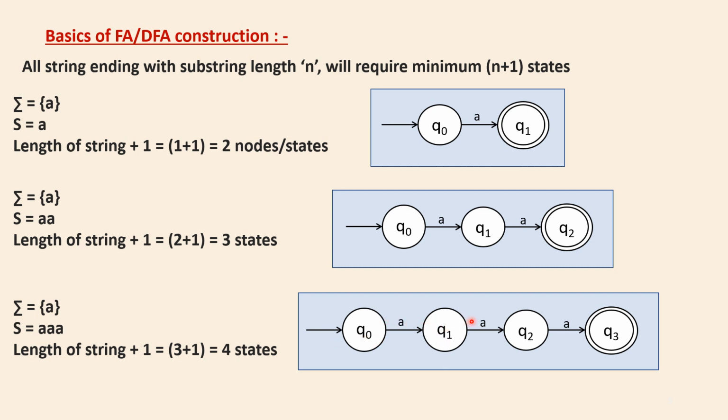Q1 on the second input symbol A goes to Q2 and Q2 on the third input symbol A goes to Q3, which is the final state. Therefore, the string AAA is being accepted, which means for any substring or string ending with a substring of length n, we will require n plus 1 state.